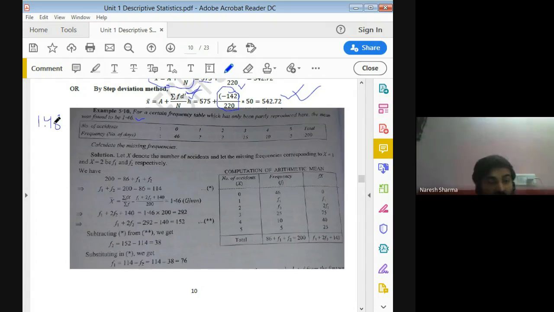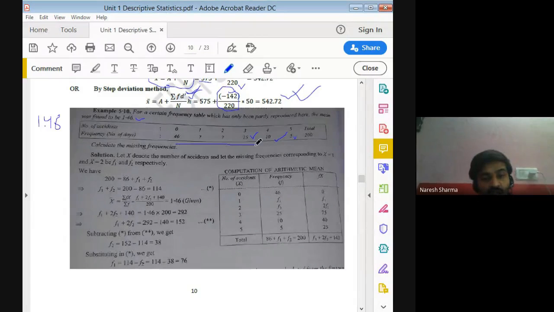What we want to do: number of accidents is 0 and the corresponding frequency is number of days. So 0 accidents occur in 46 days, 1 accident occurs in question mark, 2 is again question mark, 3 accidents occur on 25 days, 4 accidents occur on 10 days, 5 accidents occur on 5 days.